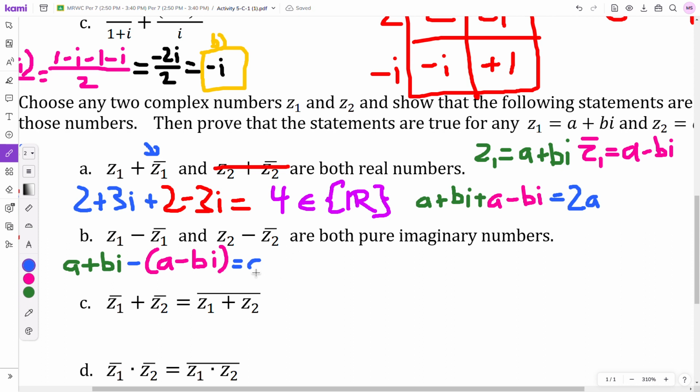Well, I could do this all at once, but let's be nice and clear and thorough. This is a plus bi minus a plus bi, because that negative distributes and flips those signs. Now when I combine these, I end up with 2bi. And that, my friends, is just a pure imaginary number.